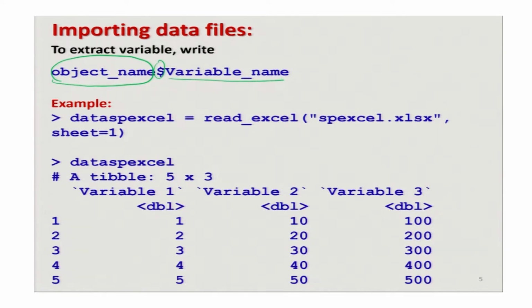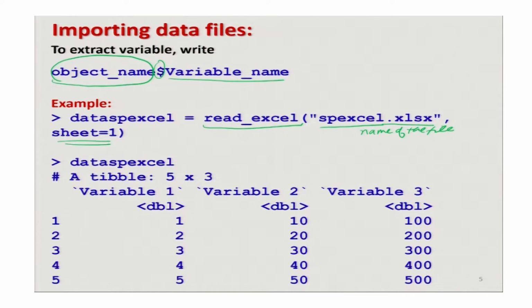Suppose in this file that I just showed you, I have only one sheet, and the name of the file is spexcel, with the extension .xlsx. I use the command read_excel, then the name of the file exactly in the same way as you did earlier, then comma sheet equal to 1.